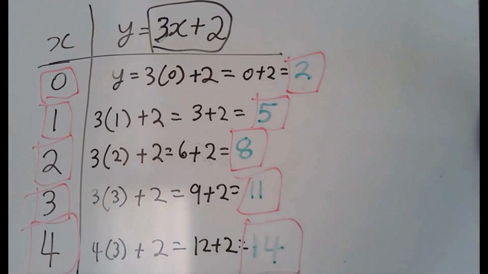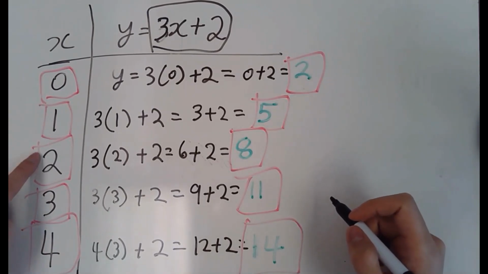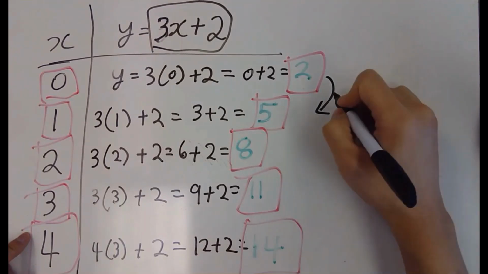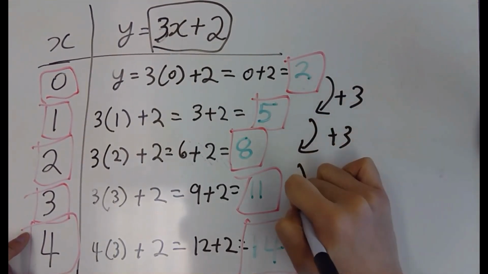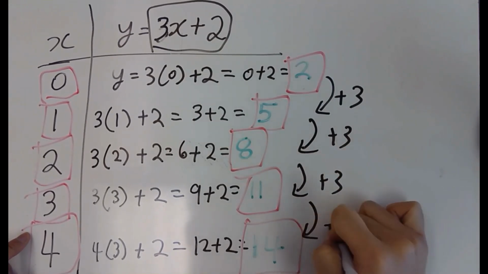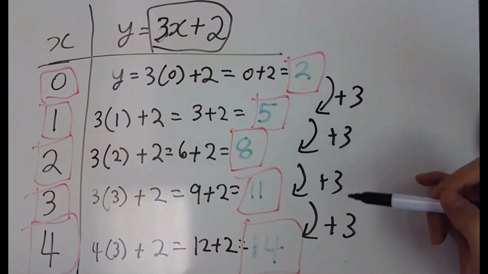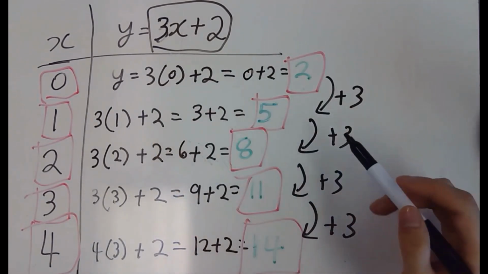I don't know if you have noticed, but over here, I can see that x is increasing by 1 each time, and my y value is increasing by 3. And since y is increasing by the same value every time, we know that this relation is called a linear relation.